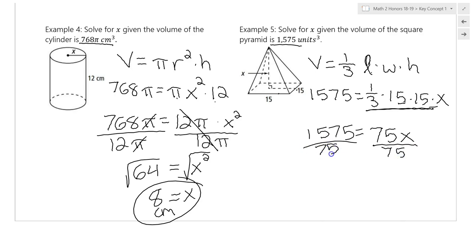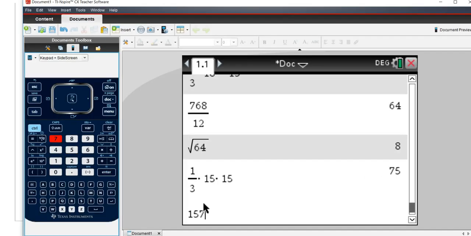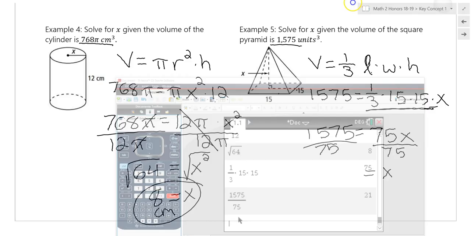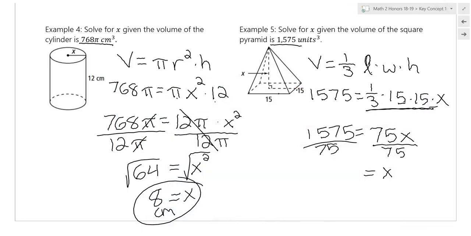Divide by 75, equals 21. So this one I didn't have to take the square root of anything because it was just x here. So once you plug everything in, you're really just solving an equation.